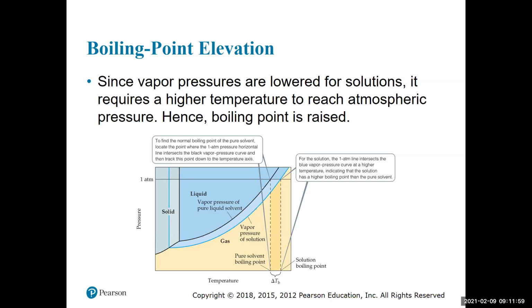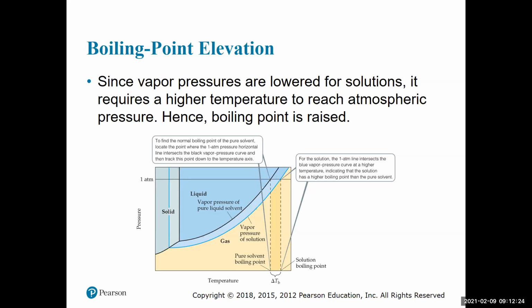You can explain this through the phase diagrams that we talked about previously, but really the key thing is the statement that the colligative properties result in that lower vapor pressure, since it then requires a higher temperature to reach atmospheric pressure.